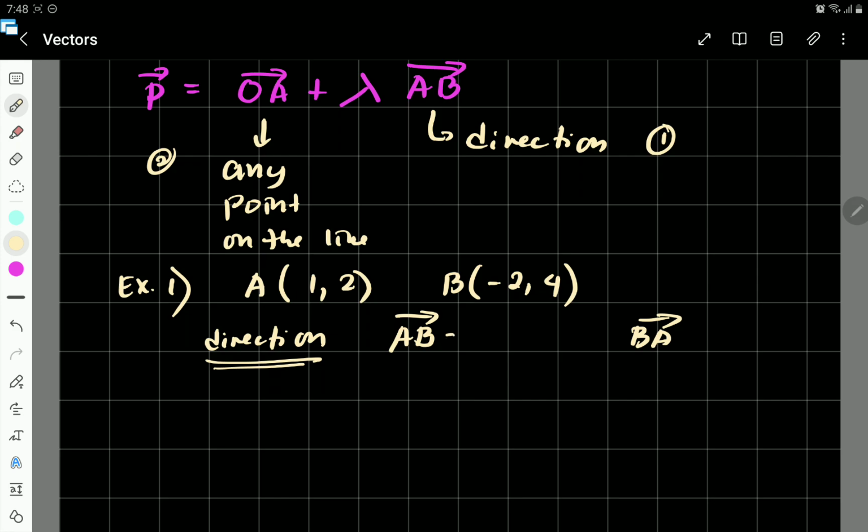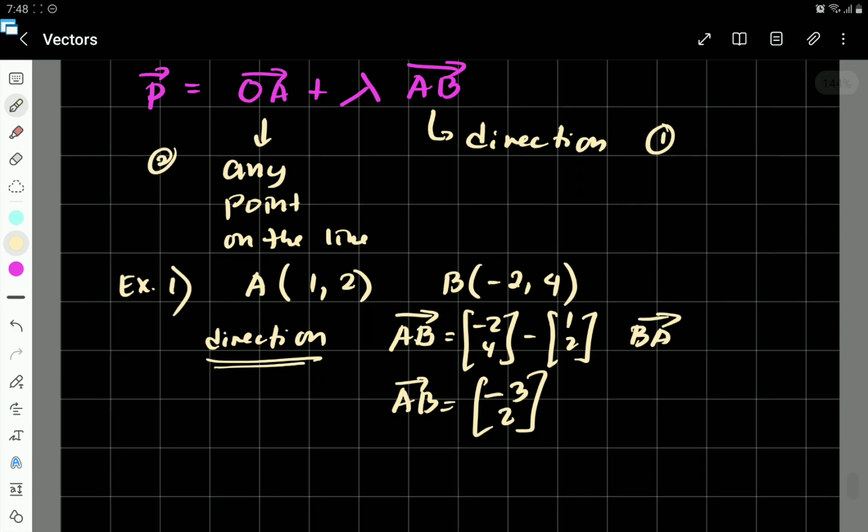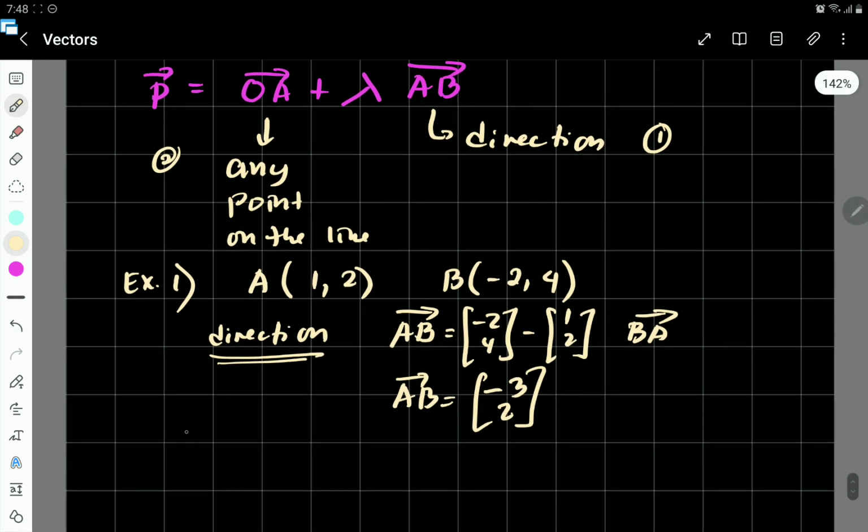So let's say you want the direction AB, so that is actually OB minus OA. Negative 2, 4 minus 1, 2. Then you will have vector AB equal to negative 3, 2. So this is now your direction. So now, what is the equation of your line?